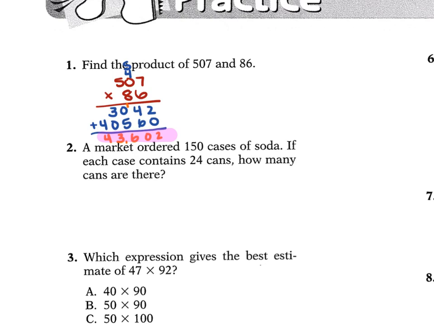So we're going to do 150 times 24. So 4 times 0 is 0. 4 times 5 is 20. Carry the 2. 4 times 1 plus 2 is 6. You're moving to the 2, so put the 0 down. 2 times 0 is 0. 2 times 5 is 10. Carry the 1. 2 times 1 plus 1 is 3. So we add these, and we get 3,600.